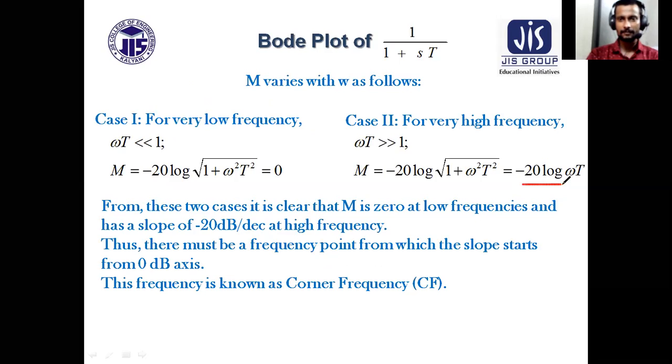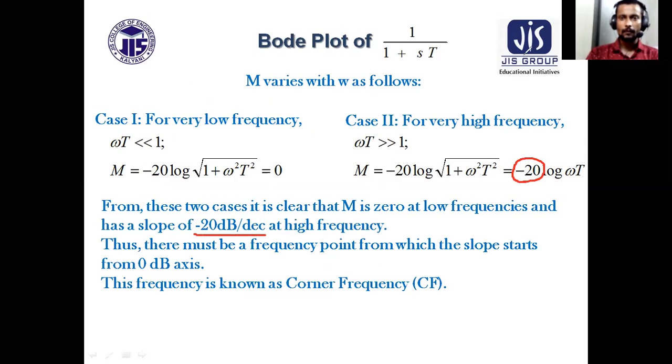So from this minus 20 log omega t, we could say this minus 20 is the slope of the magnitude. So the slope is minus 20 dB per decade at very high frequency.